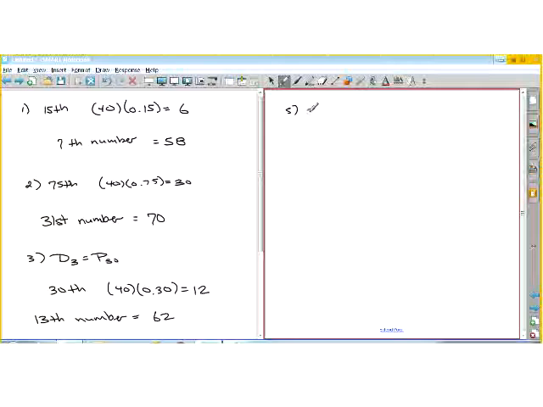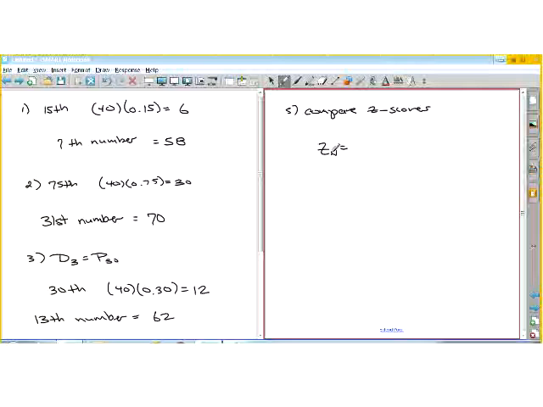So what we're going to do is compare the Z scores, and the higher, more positive Z score is the winner.